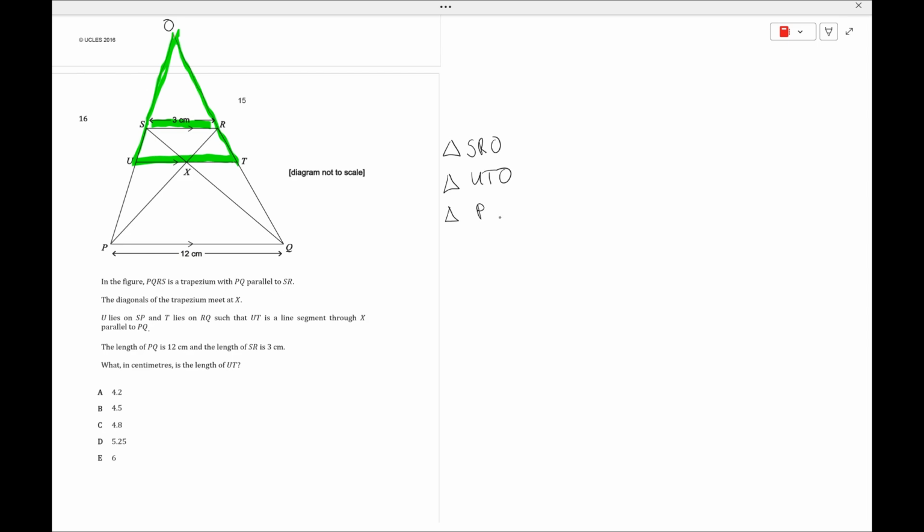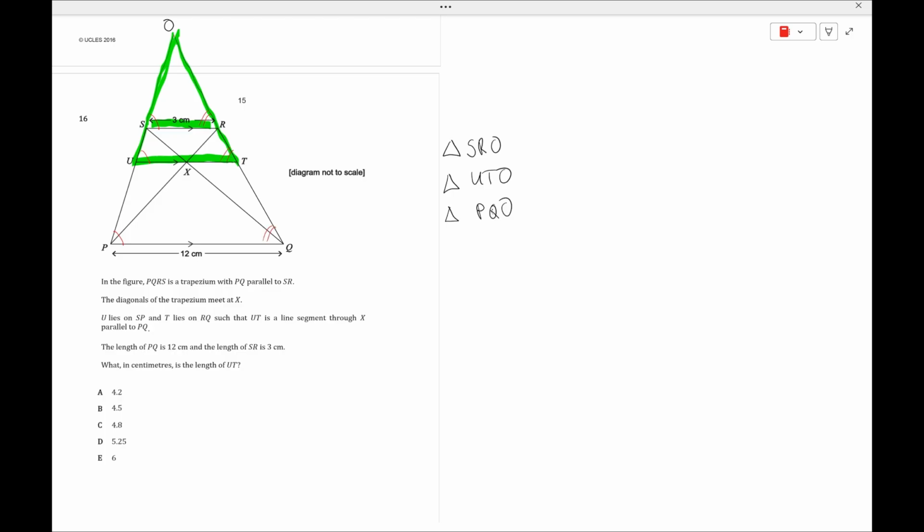Those three triangles are similar because the angles on all three of them are the same, and we know that because of these parallel lines. So we know that that angle is the same as that one, is the same as that one, and that's the same as that, same as that.